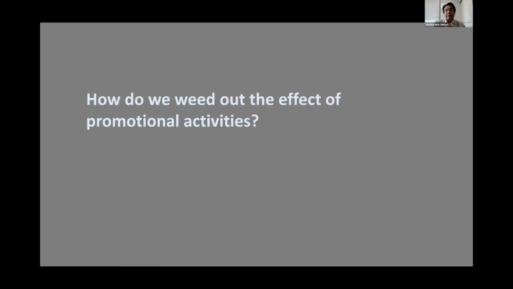Okay, and so let's see. How do we weed out the effect of promotional activities? For example, we want to create a clean baseline demand forecast without the effect of any marketing or promotional activities that we did in the past, so that we understand. And why do we need to understand? Because otherwise, how can we plan for anything?